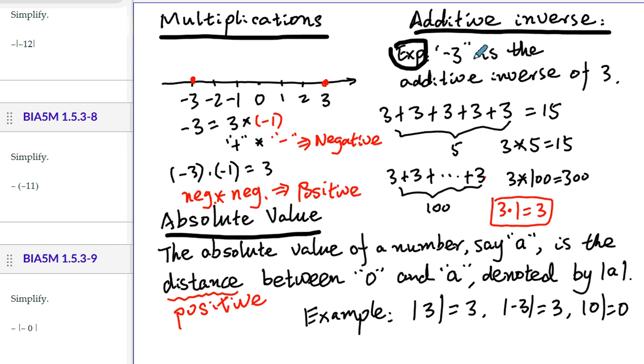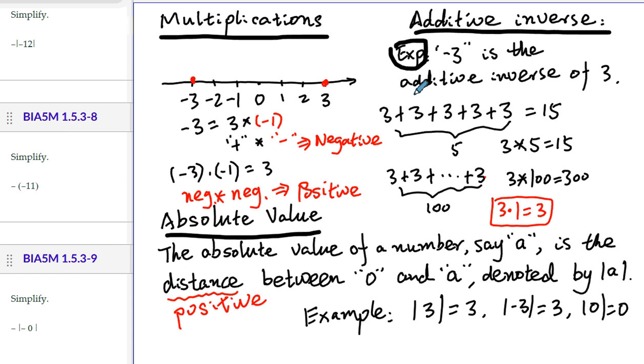First, let's look at what's the meaning for additive inverse. If two numbers add together is 0, then those two numbers will be called additive inverse. See here, if we have a 3 add -3, then we got 0.